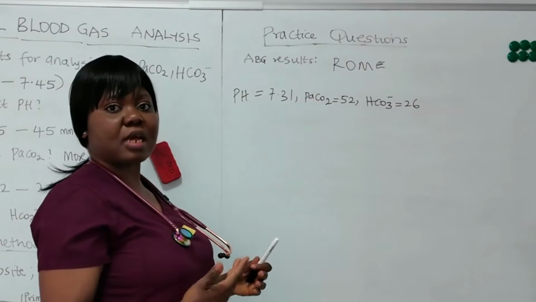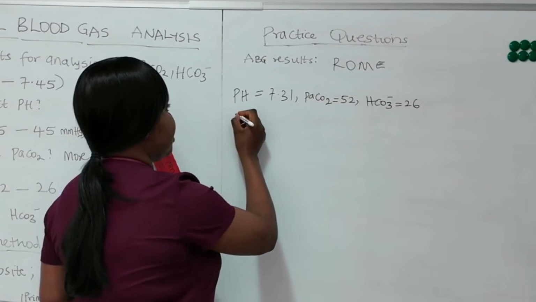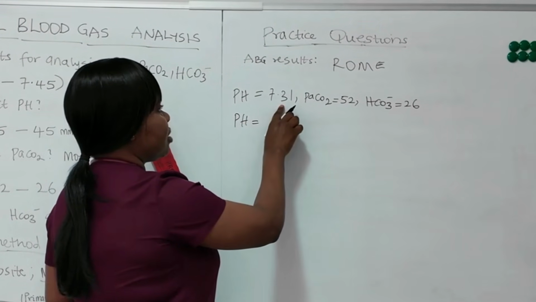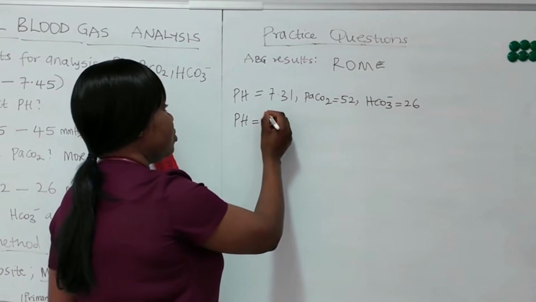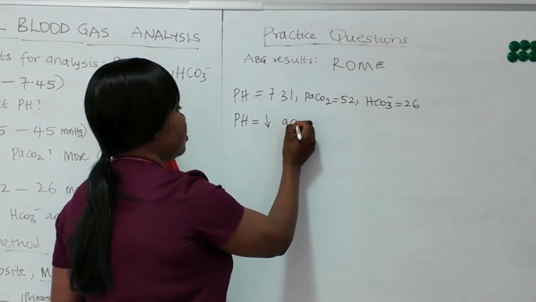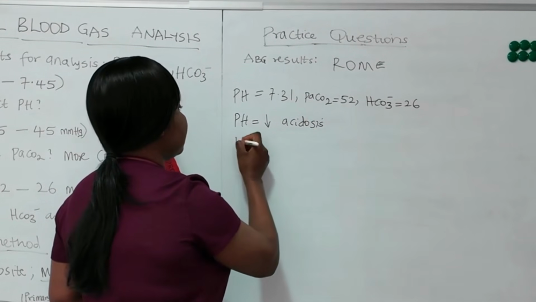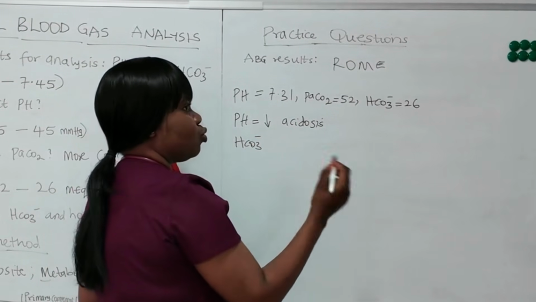Let's look at this last analysis. The first one is the pH as usual. With the pH, what we see here, 7.31. Usually it's 7.35 to 7.45. So this is low. The pH is low. That's acidosis. And then bicarbonate again. The normal range is 22 to 26.